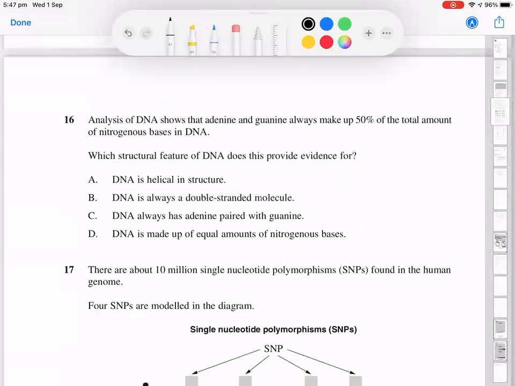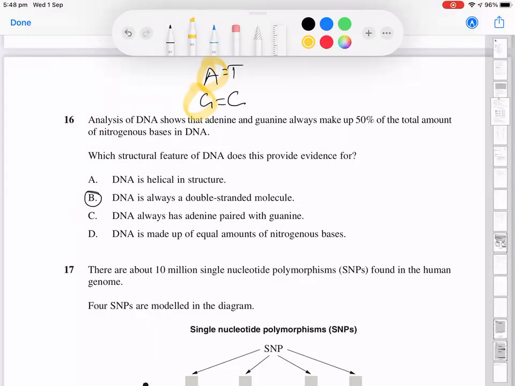So for question 16, we've got the difference between adenine and guanine. So remember the acronym At Gold Coast? So A and T, G and C. So these base pair together in DNA. So what we've then got is going to be option B, because essentially what they're saying is we've got adenine and guanine, and they're going to be totaling 50%.